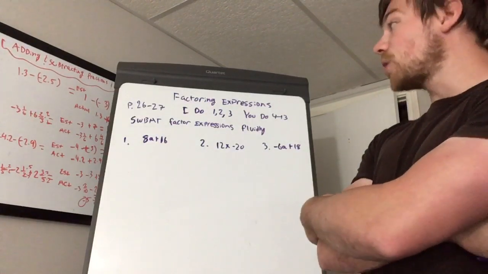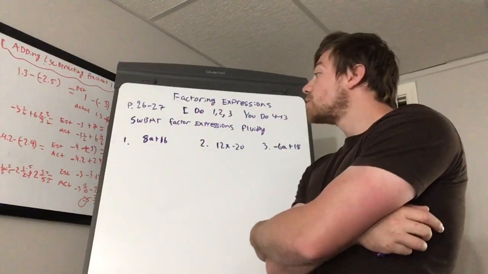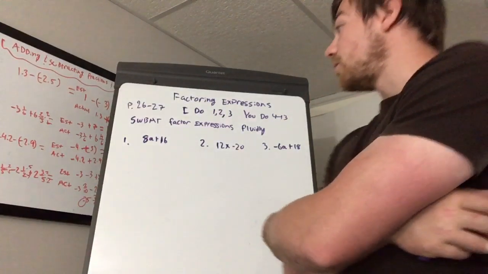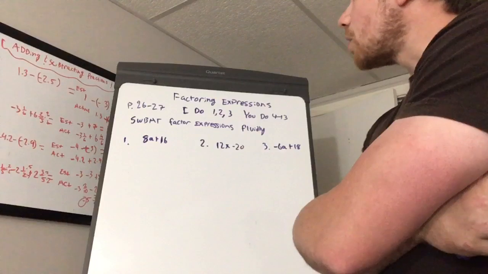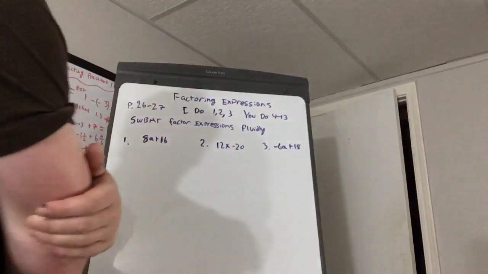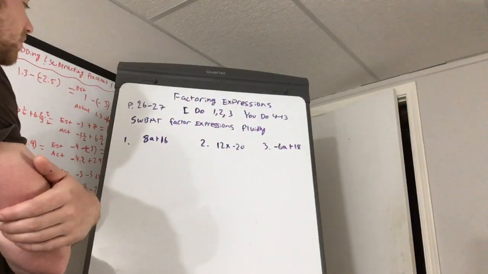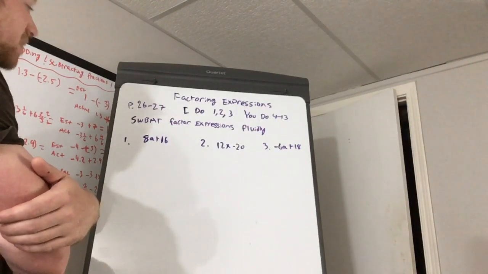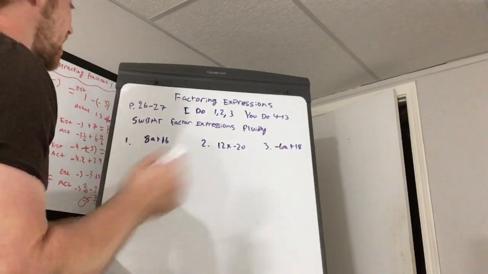Okay, so go ahead on page 26, we're factoring expressions. So you want to look at the first problem: 8a plus 16. So you have to think, what is the largest number you can take out of both 8 and 16? Well, 16 is a multiple of 8, so the largest number you can take out of both of them is 8.